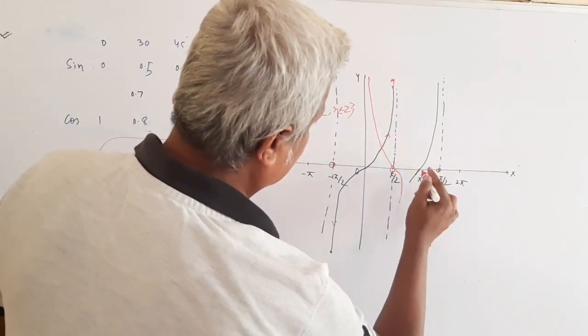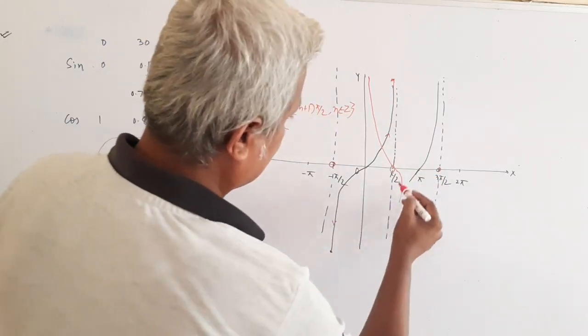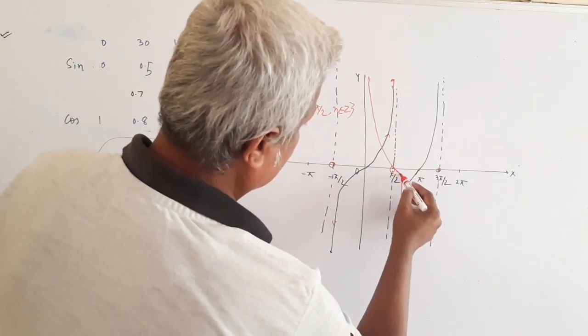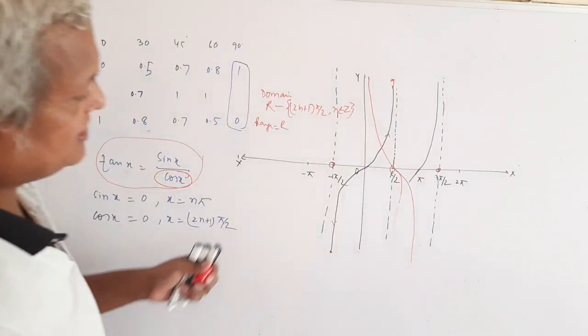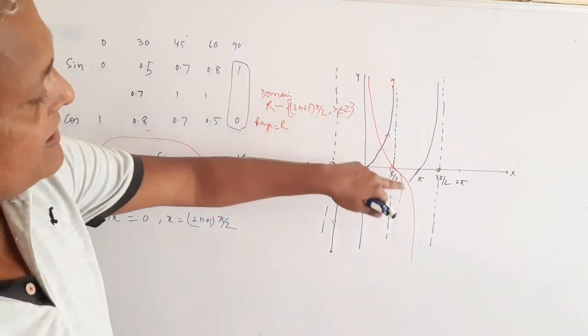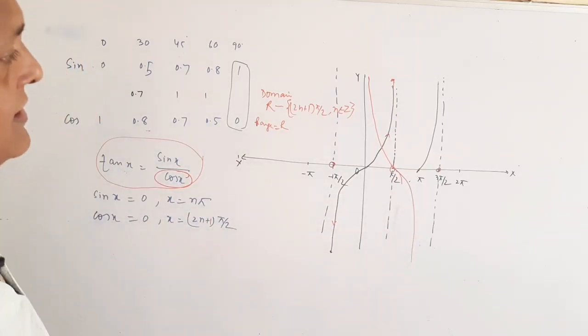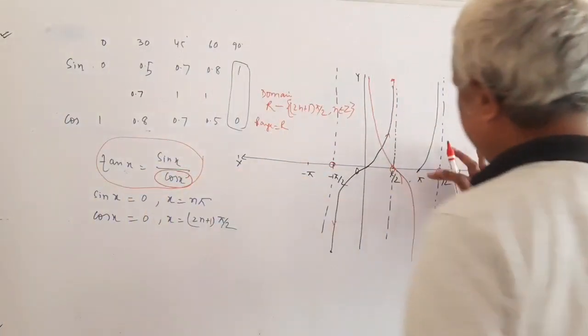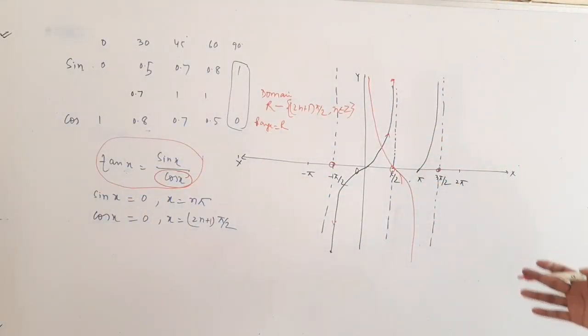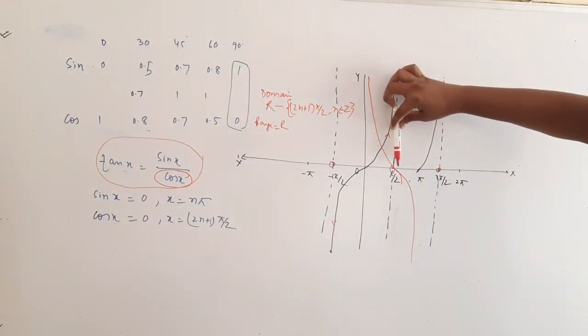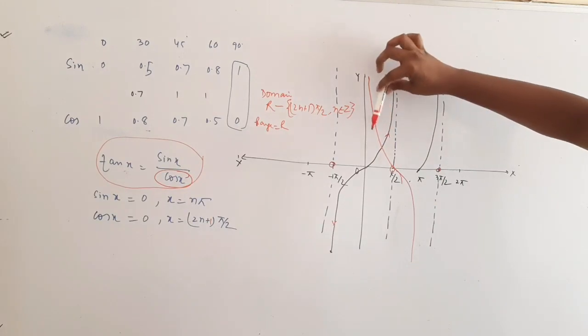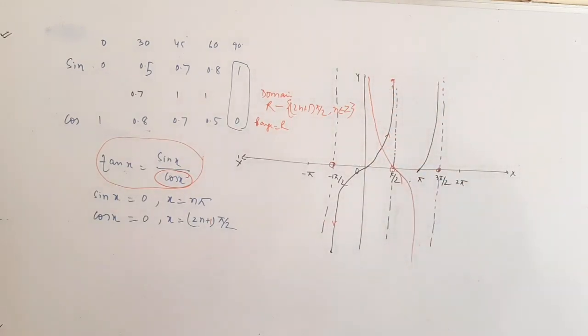They should not intersect, they should be something like that. So it is just like the mirror image of this one, the tan. This is how the graph of cot is represented, just the mirror image around this point, and then you'll get the graph like that.